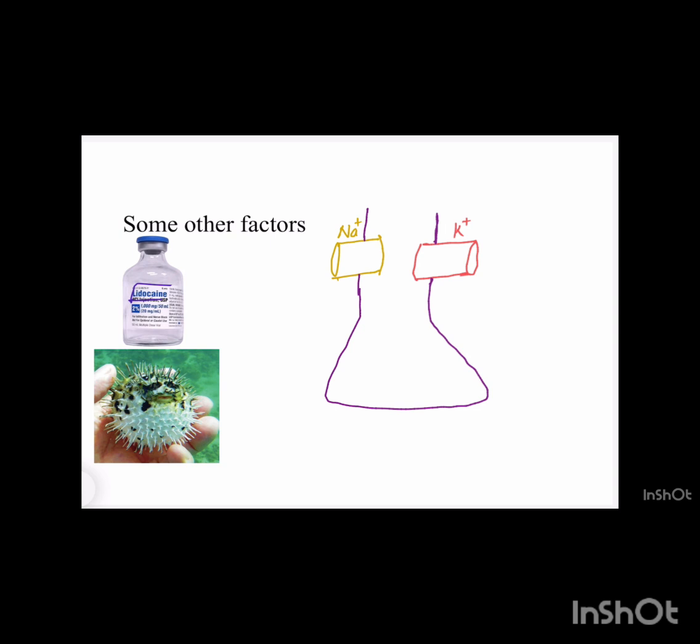Some other factors include this local anesthetic called lidocaine, and the toxin of this round fish called pufferfish. We all have seen pufferfish, right? This fish secretes a toxin called tetrodotoxin.